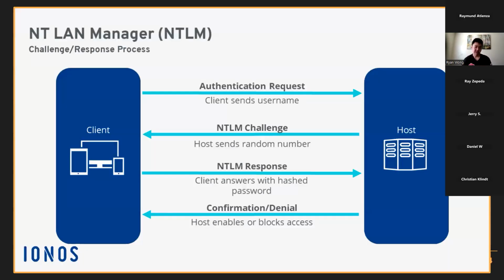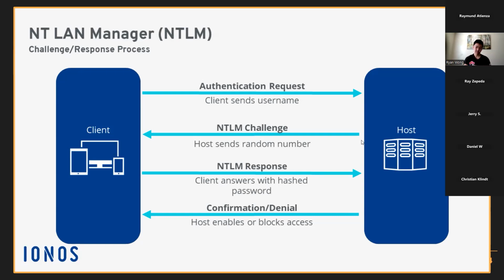This is mainly because when you submit an authentication request, the host challenges your password to see if it's the right password, right? So the host sends a random number and tells the client to encrypt your password with this random number and then send it back.